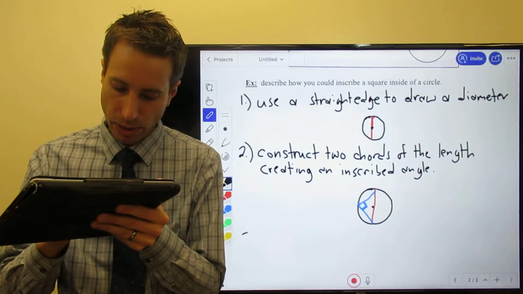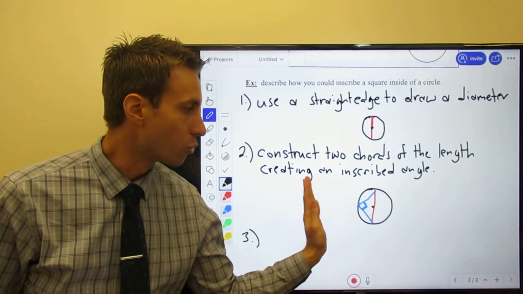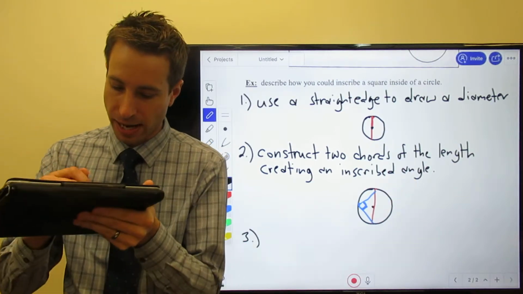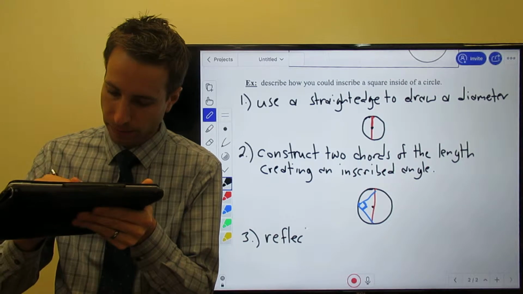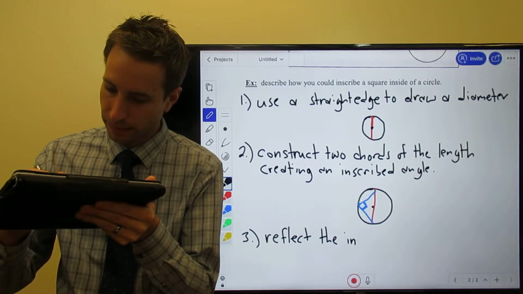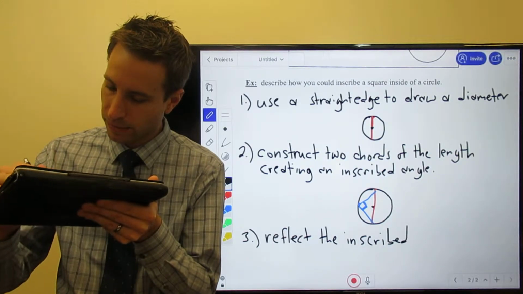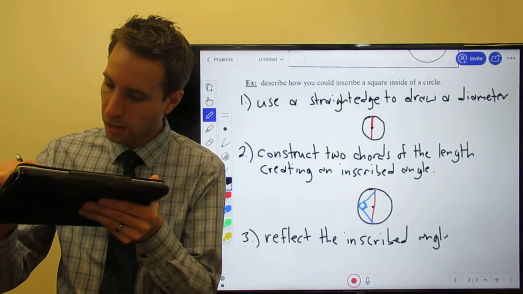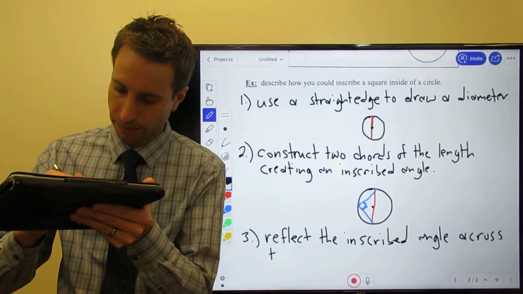Then finally, step number 3, you're just going to take that image that you drew and reflect the inscribed angle to the other side of the circle, across the diameter.